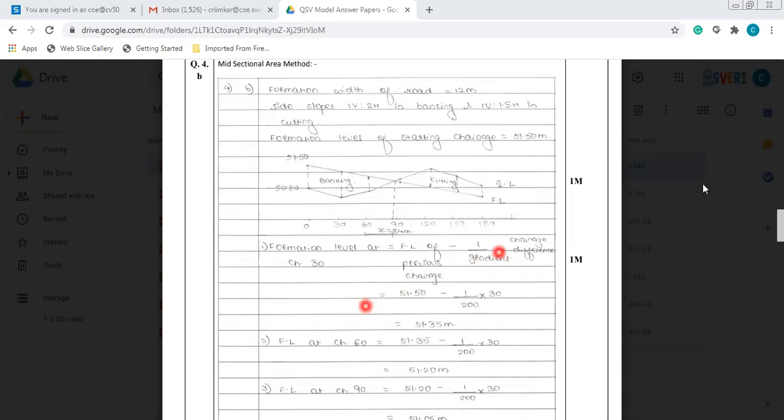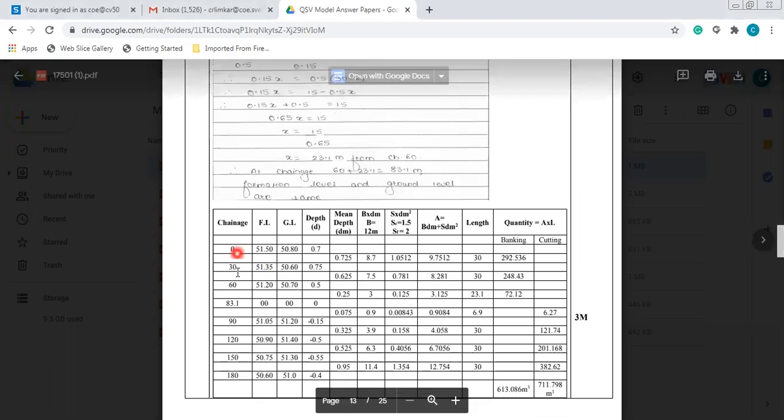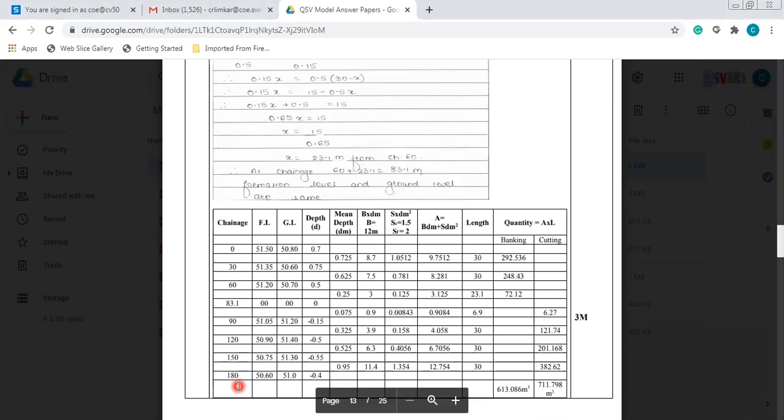Now see the values are given. Chainages are 0, 30, 60, 90, 120, 150, 180. GL is given as 50.80 and the first FL is given to us. So by using the first FL, we can determine the rest of the FLs for the different chainages: FL for 30 meter chainage, FL for 60 meter chainage, FL for 90, 120, 150, and FL for 180 meter chainage, because these GL values are given to us.